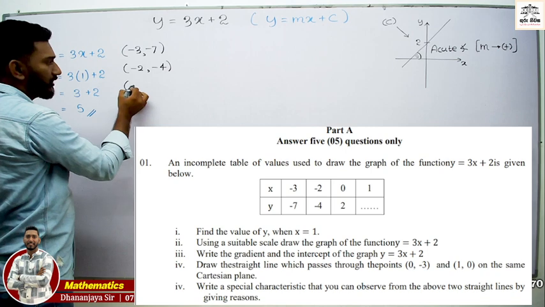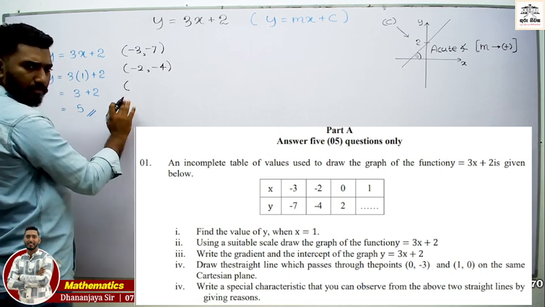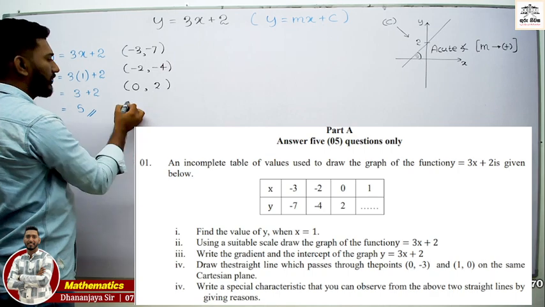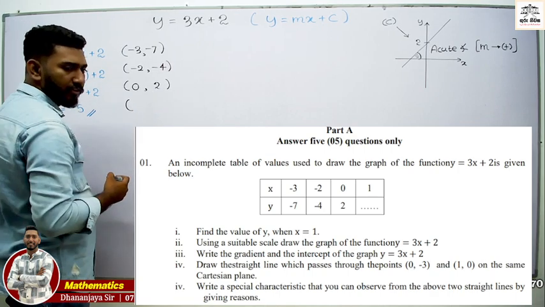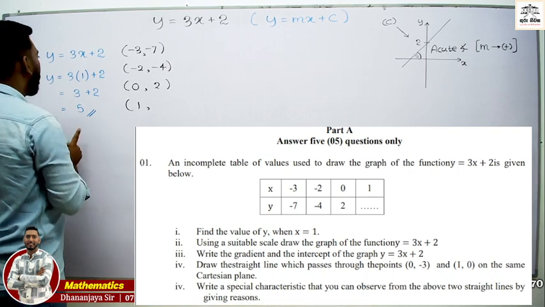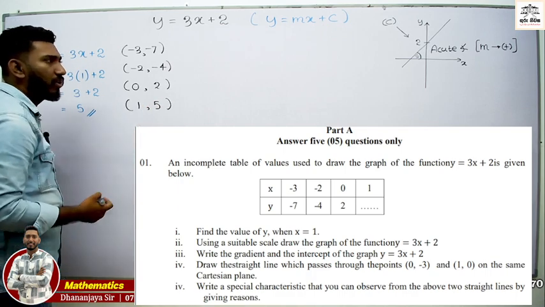Third coordinate is 0 and 2. The 0 is just 0. And the last one, x equals 1, we already found the answer for y, and the answer is 1 and 5. There are only 4 coordinates.